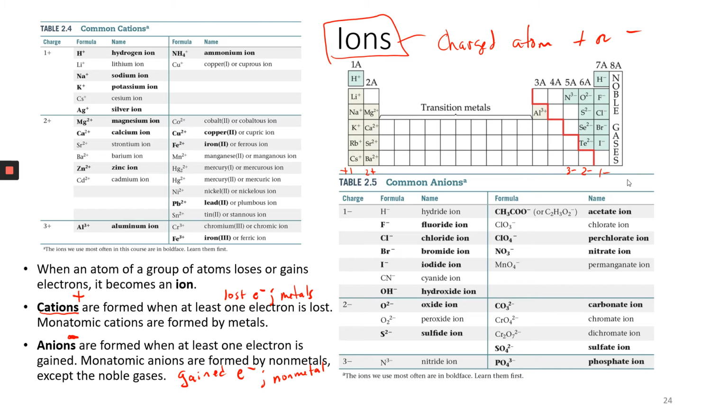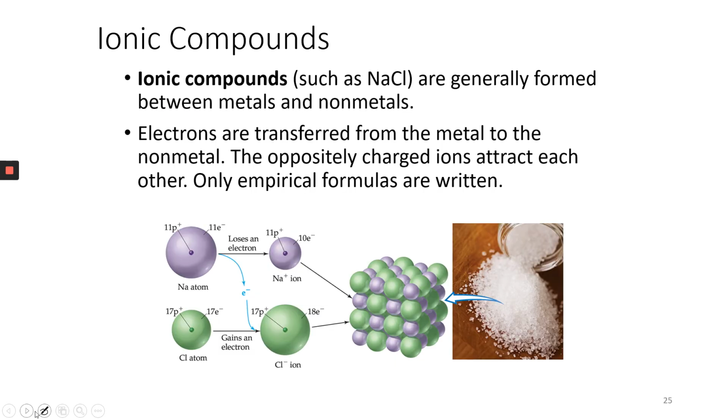Some of the transition metals have special charges, and on this slide I've listed some of the special charged ions, so keep this as a reference so you can refer to it when you have to write formulas. Your ionic compounds, and the most common one that we always talk about, is sodium chloride, NaCl, table salt. What you are bonding when you make an ionic compound is a metal and a non-metal.